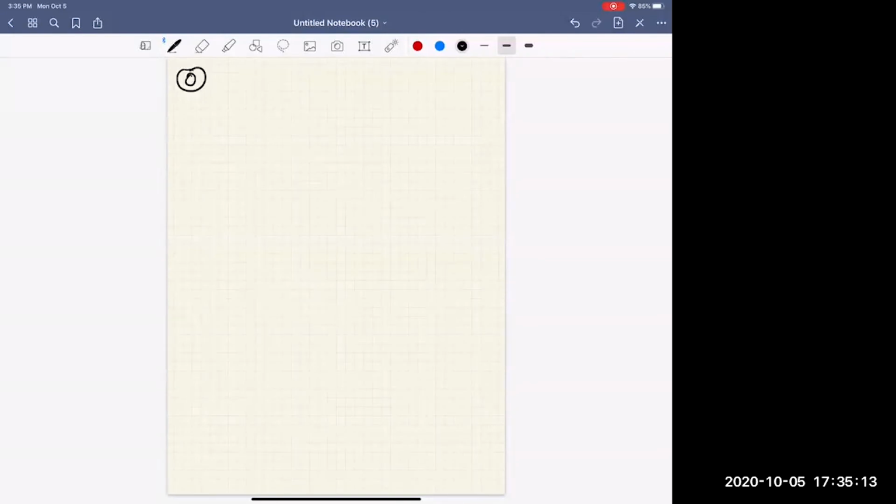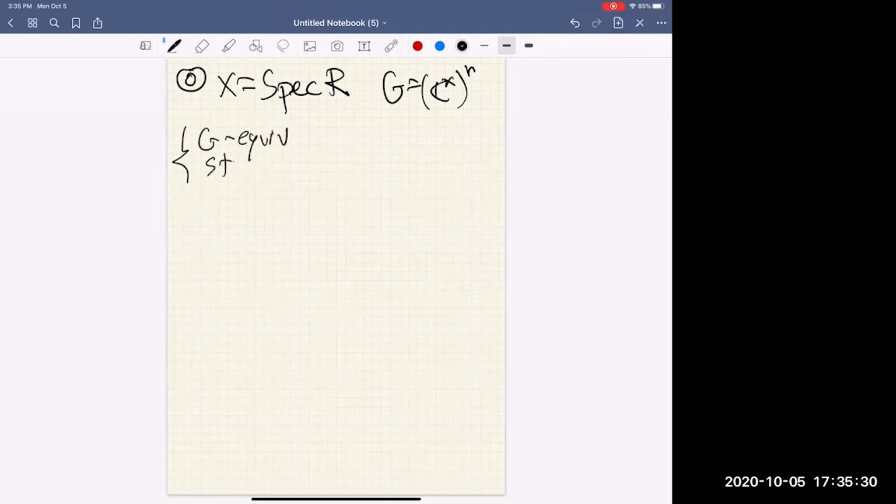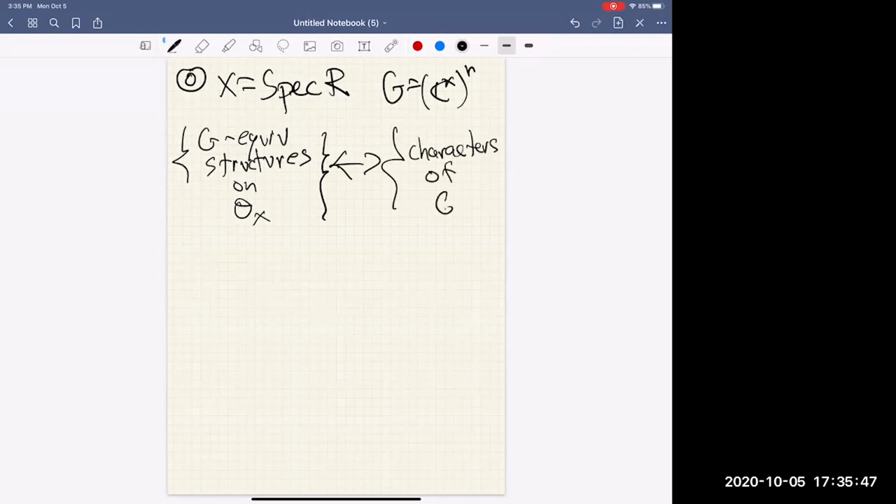So it's a new example, but I'm going to do X is Spec R, and for simplicity, I'll let G be C star to the N. So that G-equivariant structures, for example, any toric variety works this way, well, up to a finite group, on O_X correspond to characters of G. Denote by G hat.